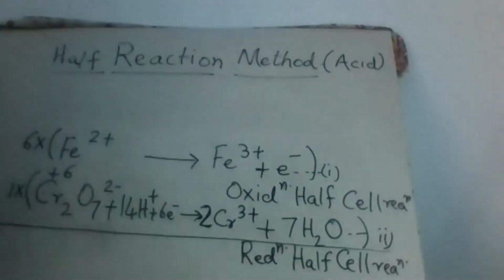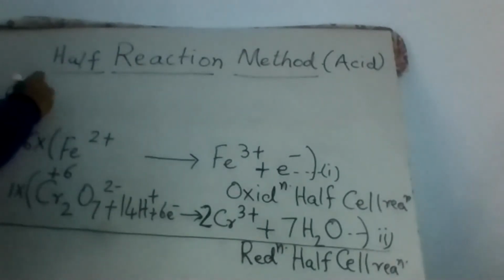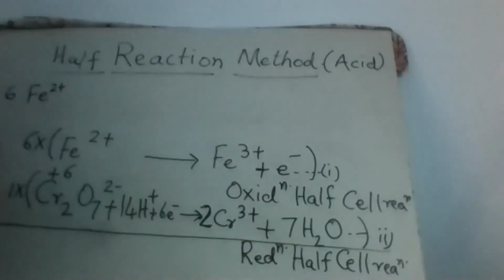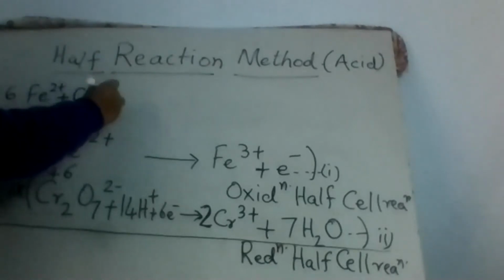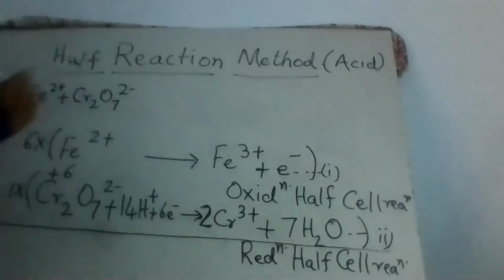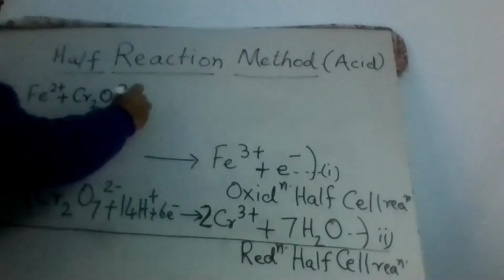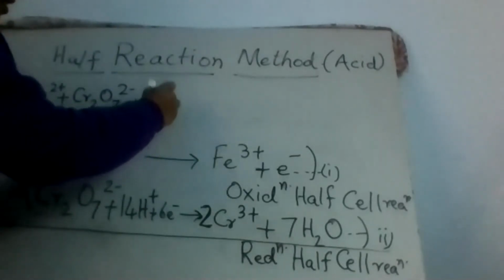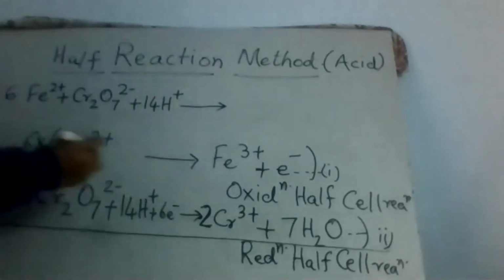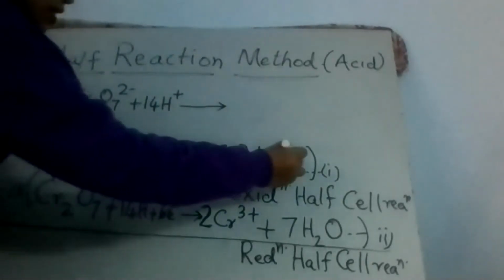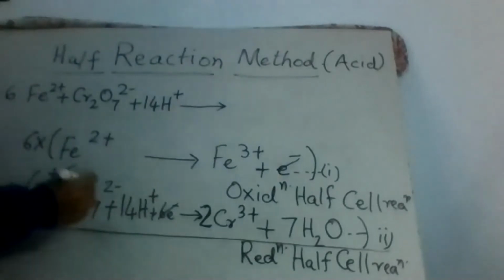And on adding the equations, we get 6Fe2+ plus Cr2O7 2 minus plus 14H plus gives, and the 6 electrons get cancelled there.